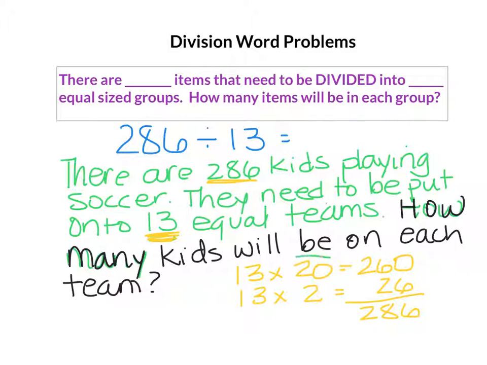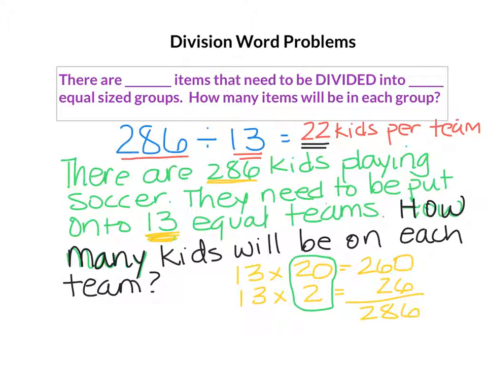So when I add this up, it looks like we will have 22 kids per team. We had all of these kids playing soccer, and this is the number of teams that they had. We wanted to know how many kids per team, and that's what we ended up with.